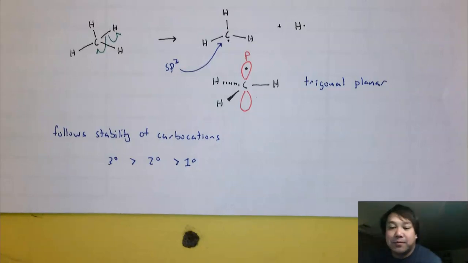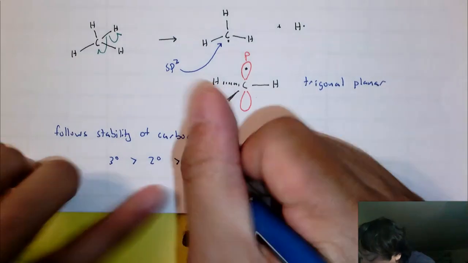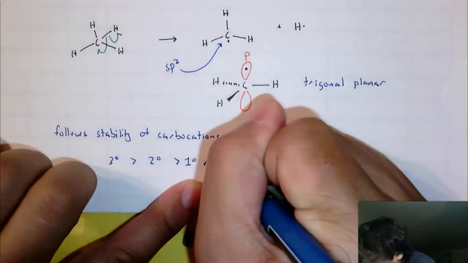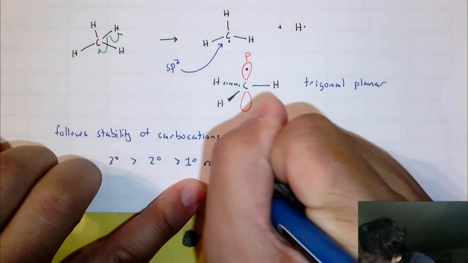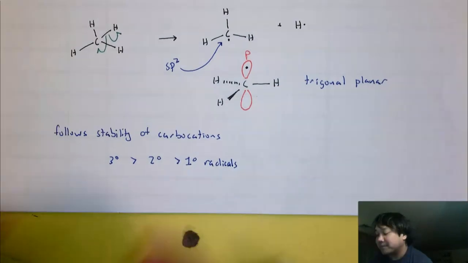In this video, we're not going to talk about allylic radicals, but we will definitely later on in the unit. Okay, so again, just like carbocations, radicals follow the same stability trend. Now we're ready for our reaction.